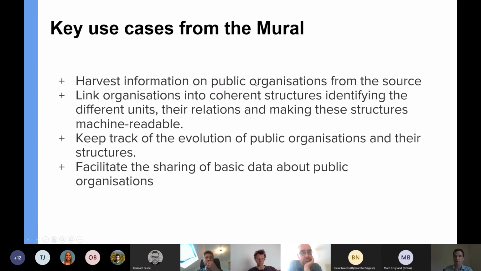It was also about harvesting information about public organization, also linking organizations and their structures into something coherent that would help users to identify the right units, identifying the changes, the evolution. That's actually the next one, the evolution of those units through time. And simply the last one is about how to share basic information about public organizations in a harmonized way publicly.